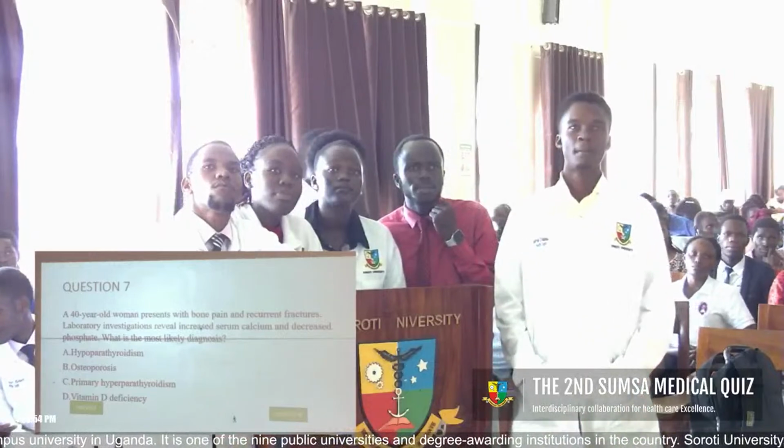Question 7. A 40-year-old woman presents with bone pain and recurrent fractures. Laboratory investigations reveal increased serum calcium and decreased phosphate. What is the most likely diagnosis? A. Hypoparathyroidism. B. Osteoporosis. C. Primary hyperparathyroidism.